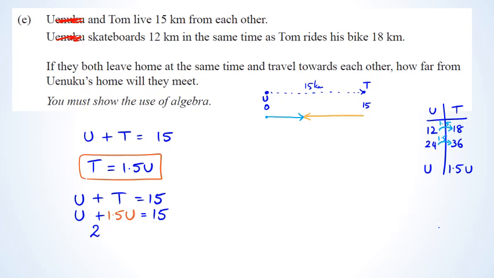So this would be 2.5U equals 15, which means U equals 15 divided by 2.5, which gives U equal to 6 kilometers. If this is 6 kilometers, the other one is going to be 15 minus 6, which is 9 kilometers.